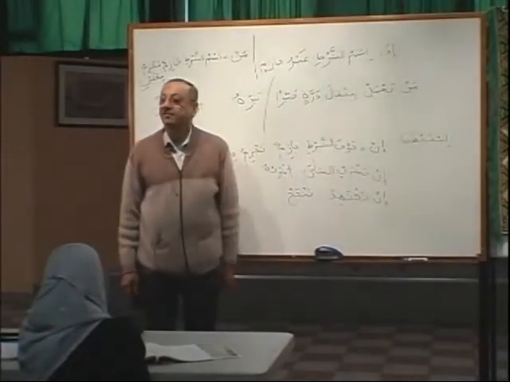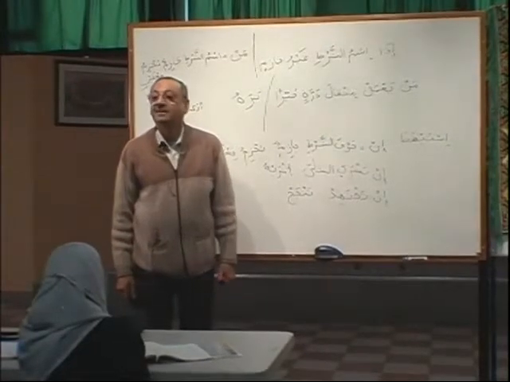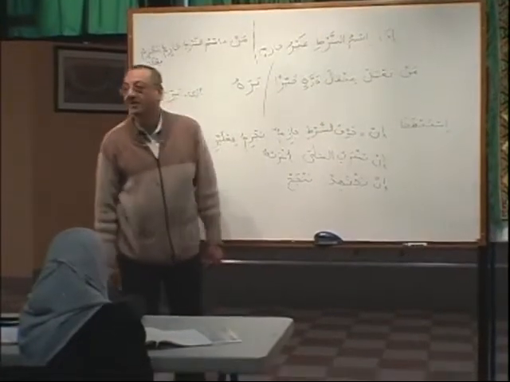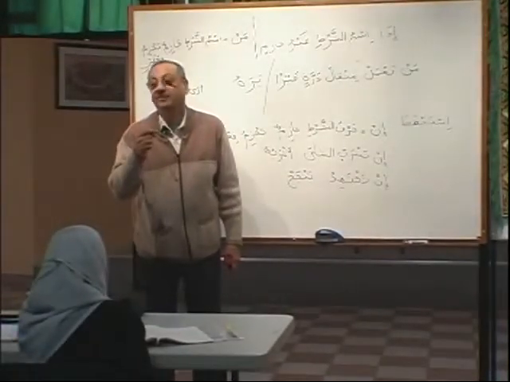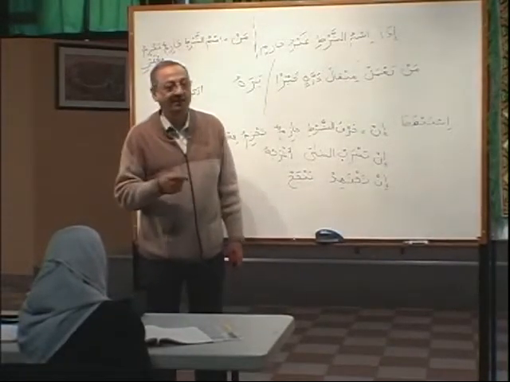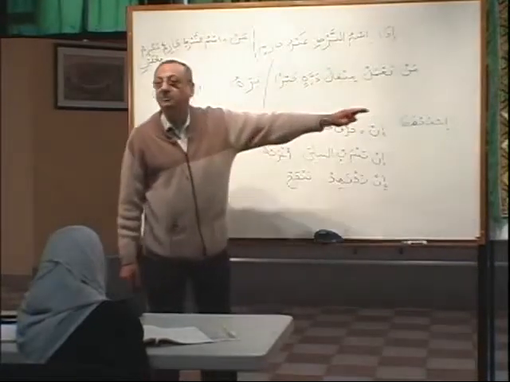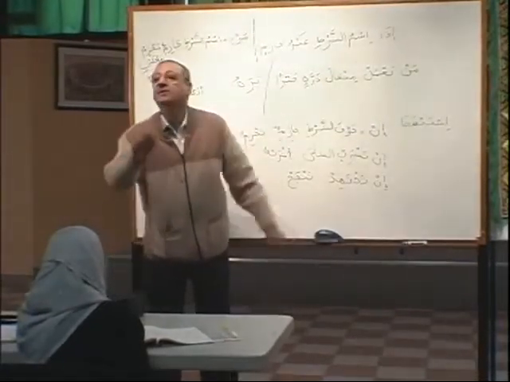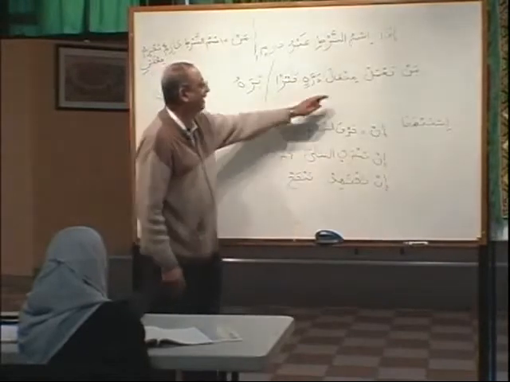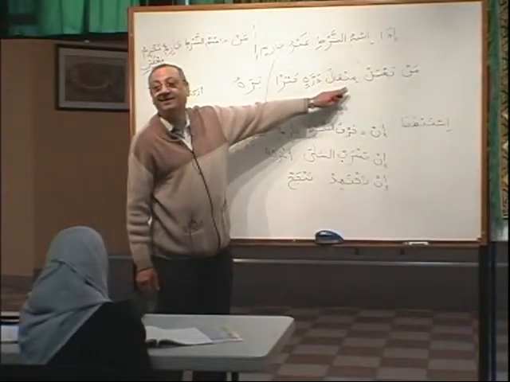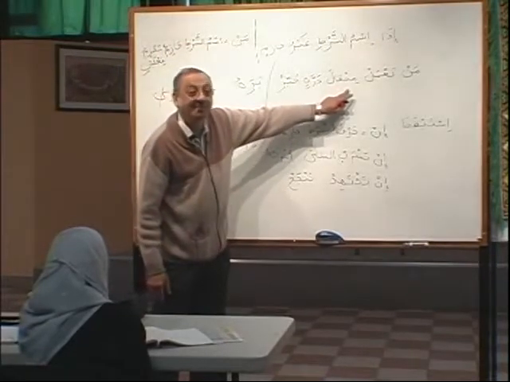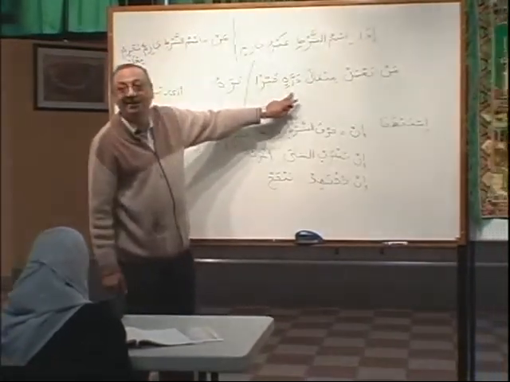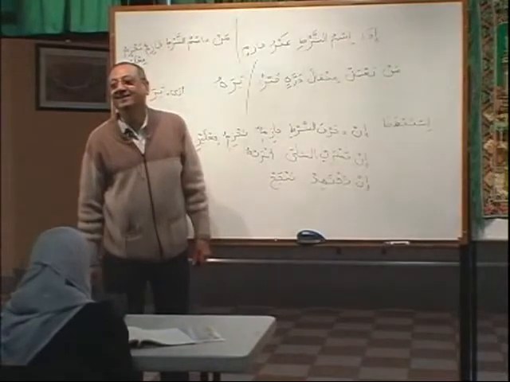Man is ismu shart, jazimun, tajzimu, fi'alaini. Ya'mal, fi'lu shart, majzum. We will say fi'lun mudari'un, majzumun bisukun, fi'lu shart. And then mithqala, maf'ulun bihi, mansub, wa huwa mudaf. And this, what is this khayran?